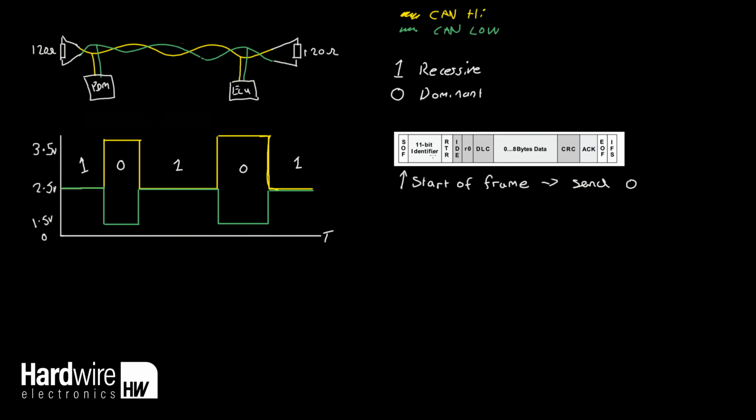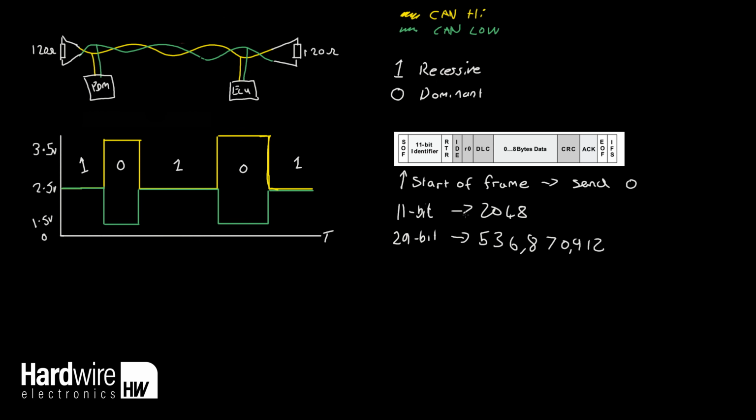And there are two types of CAN messages you can get. You can get a CAN bus message with 11 bits. So an 11-bit identifier allows up to 2048 unique IDs. Now, if you've got a large CAN bus system with lots of different types of messages being sent, you can soon get through all 2048 different CAN bus IDs. And so CAN bus introduced what's called the extended identifier, which is 29 bits long.